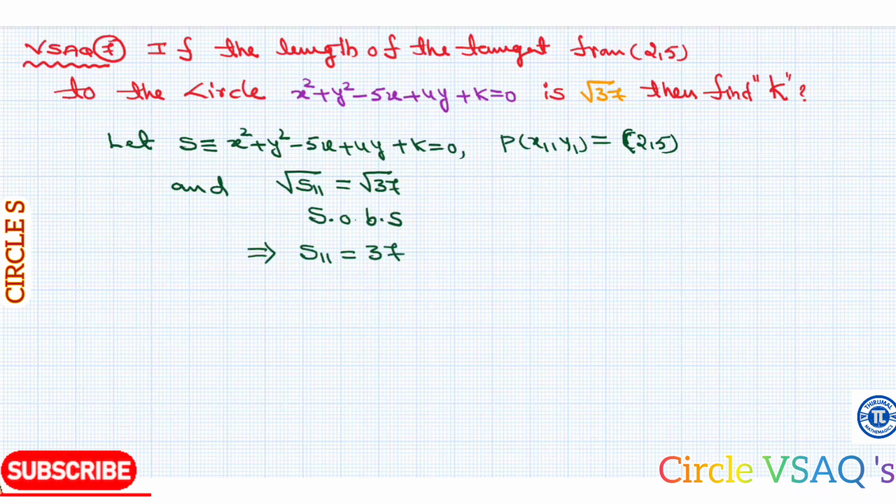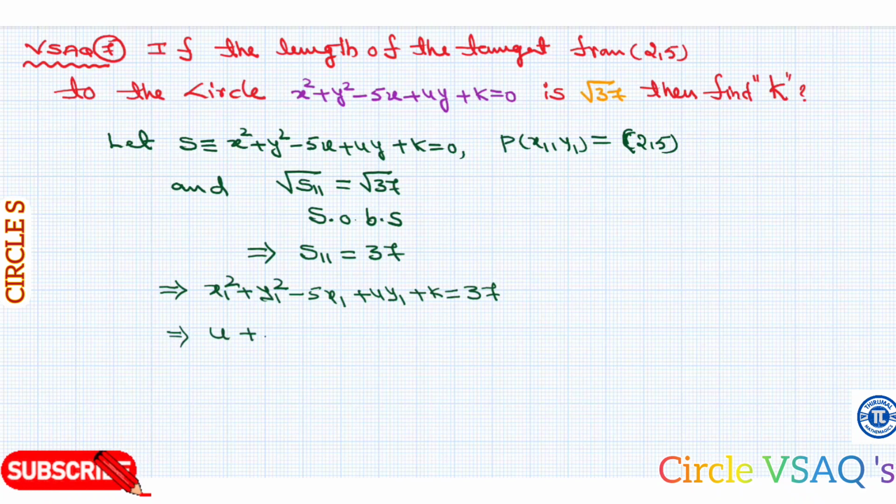Now write the notation of S11 for the given circle: x1² + y1² − 5x1 + 4y1 + k = 37. Now substitute the x1, y1 value (2, 5) in the above. 2² is 4, plus 5² is 25, minus 5 into 2 is 10, plus 4 into 5 is 20, plus k equal to 37.